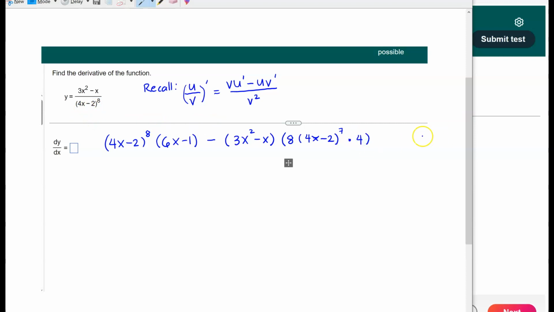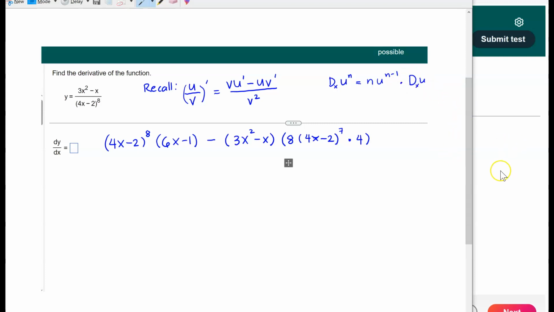Most students would forget this 4 here. So remember, when you use this formula, the derivative of u to the n with respect to x, you have n, u to the n minus 1, and then times the derivative of u with respect to x.